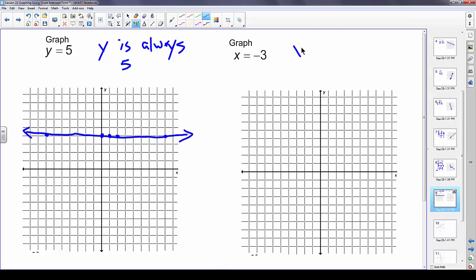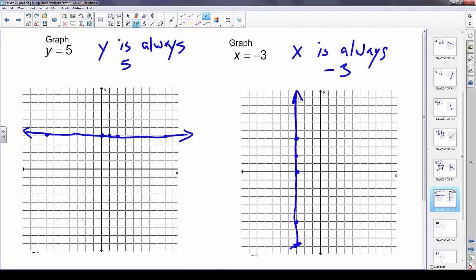Likewise, this says x is always -3. So where's x -3? X is -3 on the x-axis right here. But it's also -3 here. It's -3 here, here, etc. So this is a vertical line.